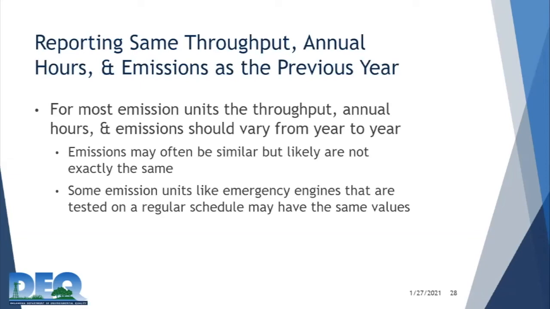That typically shows that maybe companies are just reporting an estimate and not the actual emissions, where it's required that the actual emissions are reported. There are a few instances, things like emergency engines, that are tested on a regular schedule where it might be valid to have the same values. But generally speaking, for the most part, we should see at least a minor change from year to year. If we do run across these, this is one of those that we'll reach out to you and ask, hey, what's going on here?